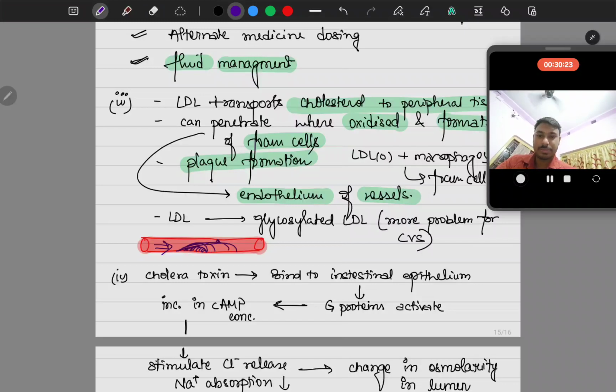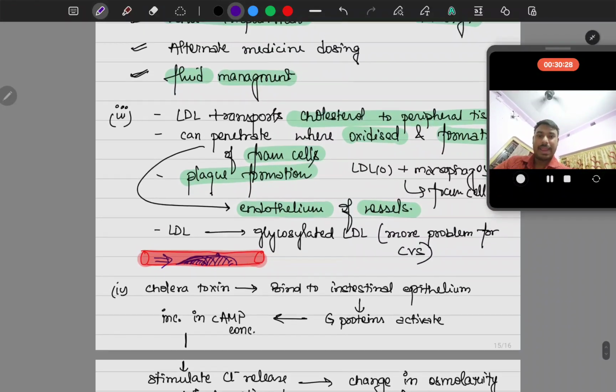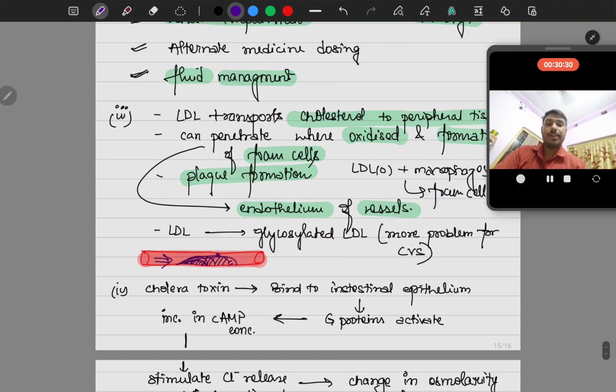Okay, this is known as a plaque. And LDL when glycosylated or oxidized is much more problematic for the vessels or the CVS. Okay, so it has to be checked at all.